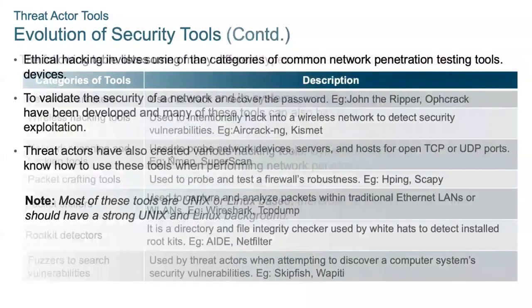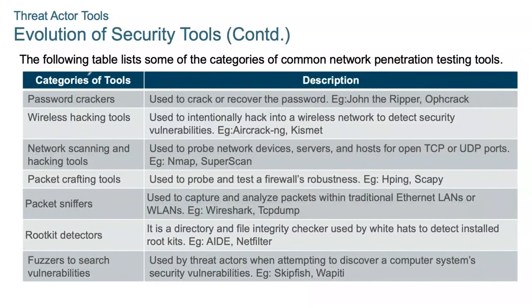We will see password crackers as one category of tool, because passwords are one of the most used mechanisms for authentication, right? One of the most used password cracker tools is John the Ripper or the Ophcrack tools. These are most useful tools, which are Unix or Linux based tools, so you can easily install them on your machine.